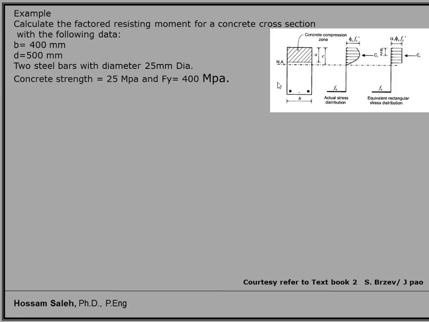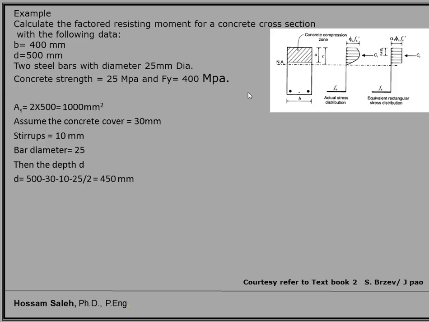Now, based on the location of the building, we can have the outside cover, which is the distance from the external face of the beam to the outside of the stirrups. Normally there are stirrups inside the beam, and inside the stirrups we have the steel bars.